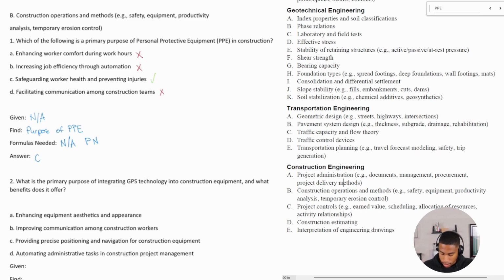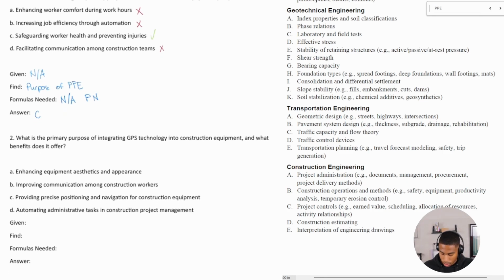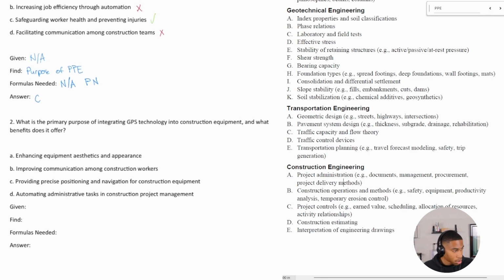All right, let's look at number 2. All right. Number 2 says, what is the primary purpose of integrating GPS technology into construction equipment, and what benefits does it offer? All right, so start out again with what are we given? Not applicable. No variables. What are we trying to find?